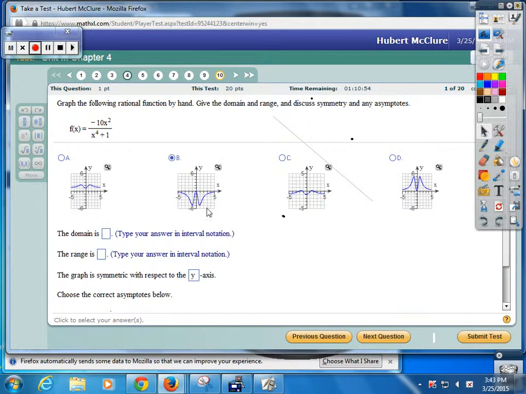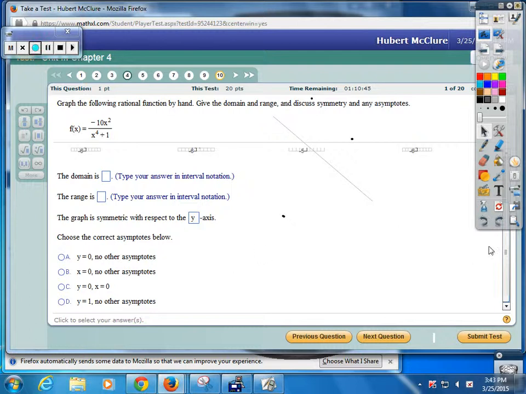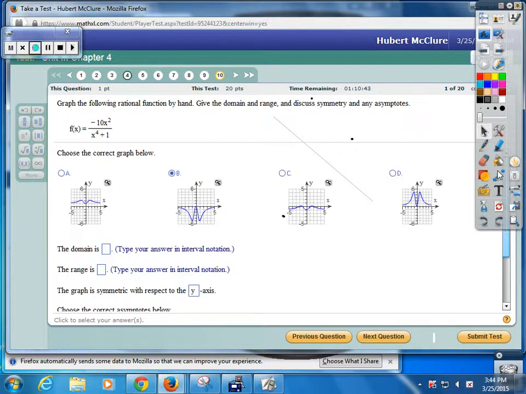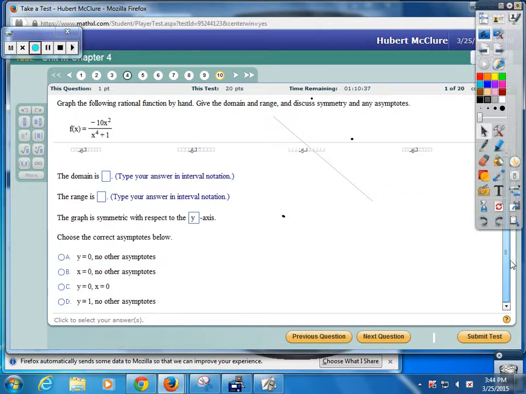Negative 6 to 0. And choose the correct asymptotes. We said there is no horizontal asymptote, but the vertical asymptote will be 0. So x is equal to 0.